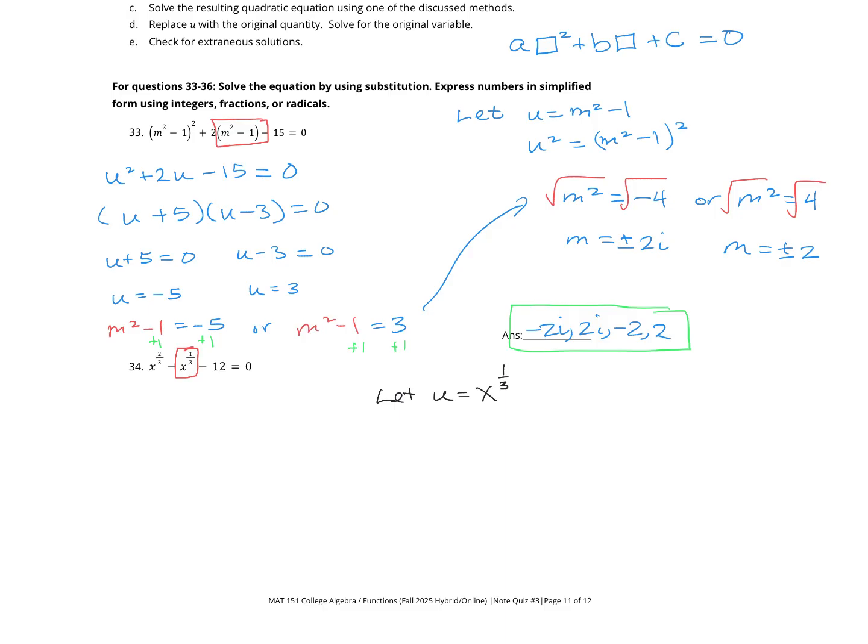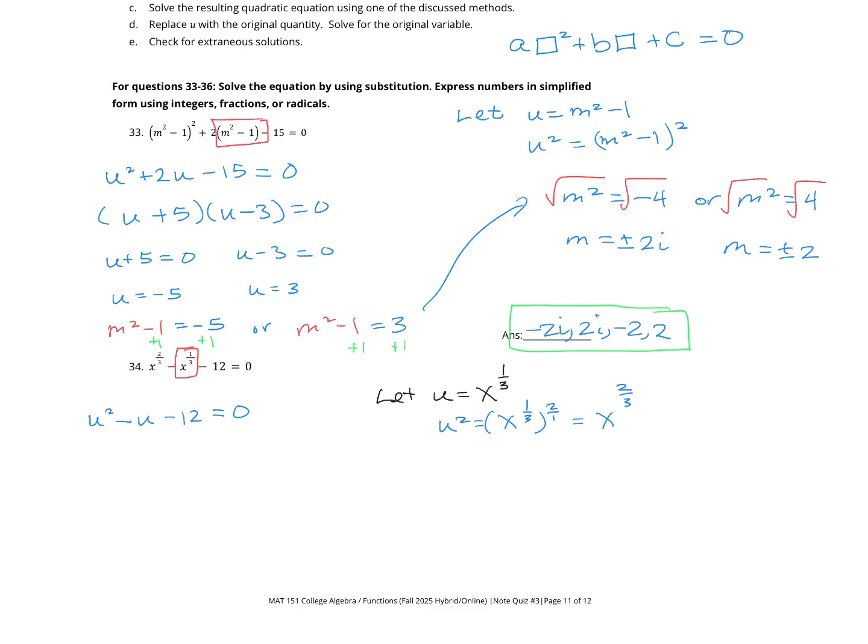And then if I square it, u squared is x to the 1/3 squared, but that is a 2/1. That's x to the 2/3. So everywhere I see an x to the 1/3, I'm going to swap it out with the u. Everywhere I see the x to the 2/3, I swap it out with a u squared. Rewriting over again, that is u squared minus u minus 12 equals 0.